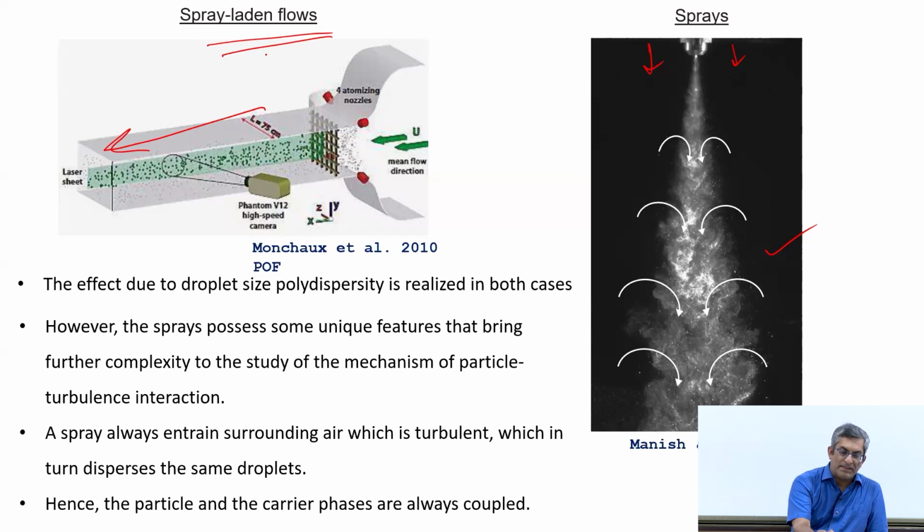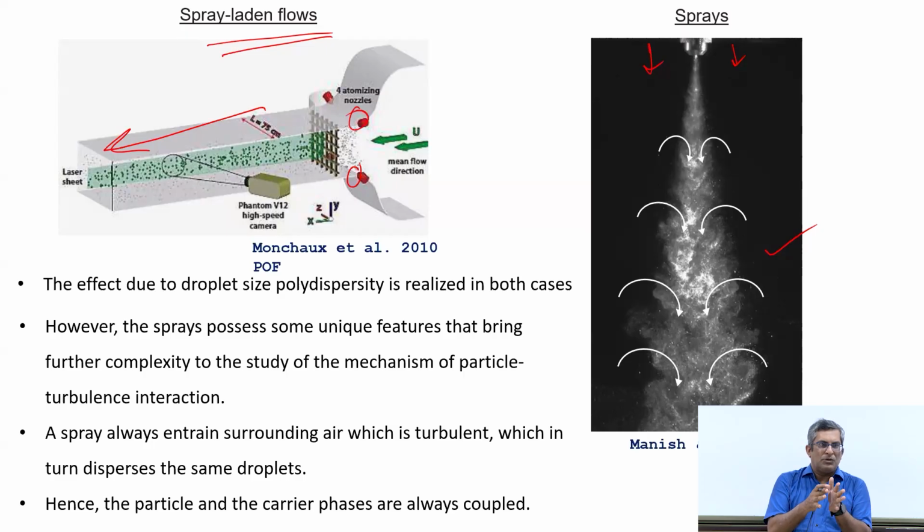Also, in spray laden flows, we can have a situation where we have one-way coupling or two-way coupling, but we have a single phase counterpart also. That is, if I don't put particles, how would the turbulence be? That you can measure. Just stop the nozzles, and you will get the single phase flow.